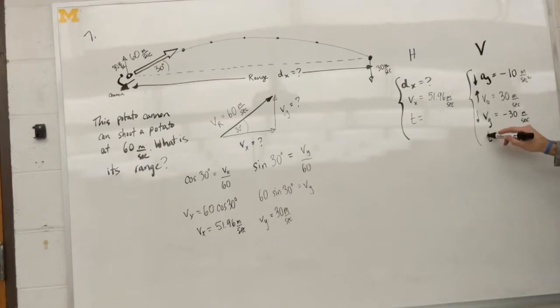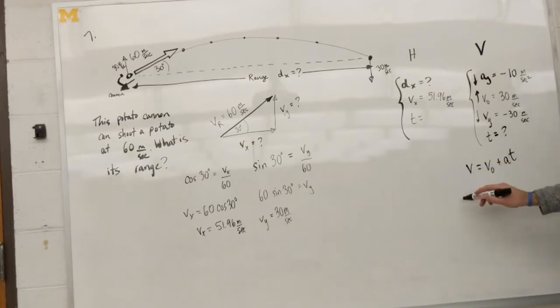Finally, we need to know how long it's going to take in the air to go up and come back down. So we now have enough information to find the time. The final velocity is -30. It started out at +30. Gravity is -10. Be careful here.